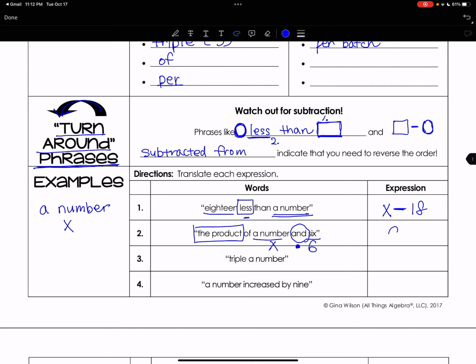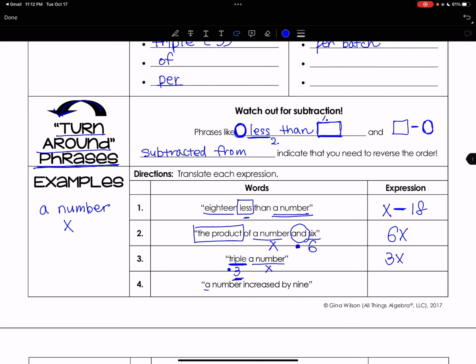You can simply write the number first and then x. And let's look at number 3. Triple means 3 times. So we're multiplying 3 by a number x. But again, when you have a variable and a number, you don't have to write dot sign. But you need to write the number first. So number goes first and then x.